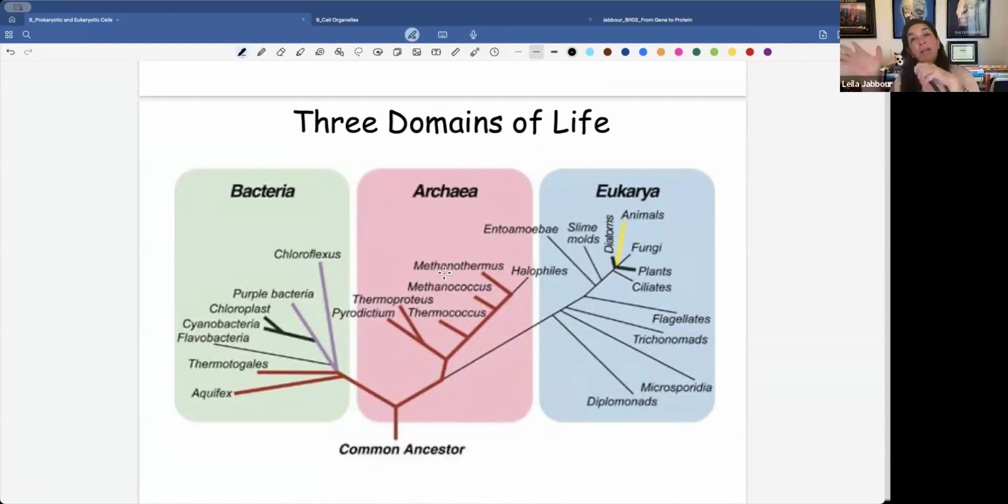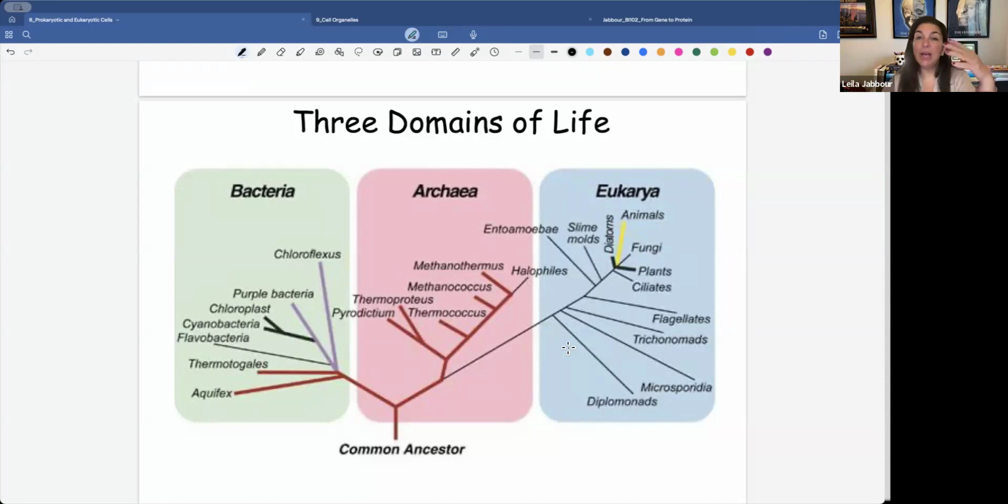In a course like microbiology, that's all you'll be talking about, the different types of bacteria and viruses, but bacteria are prokaryotic cells.